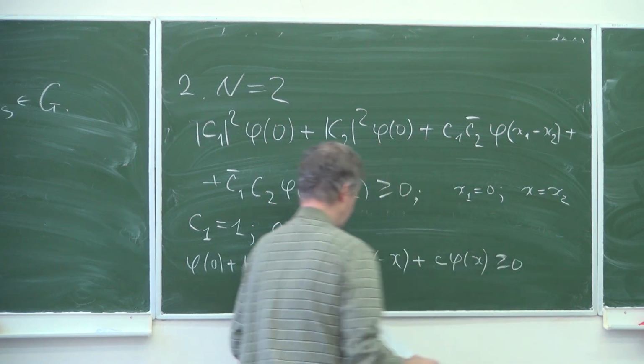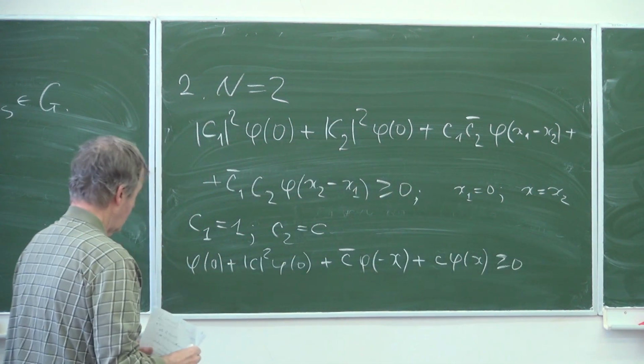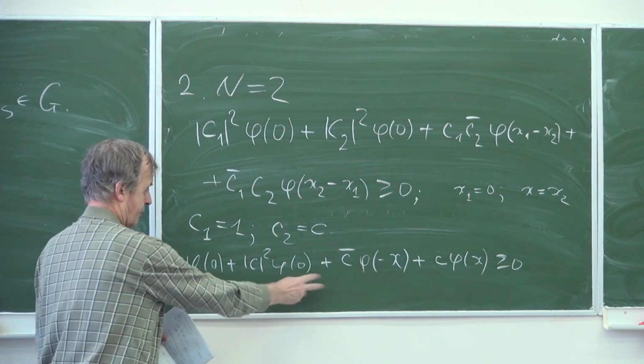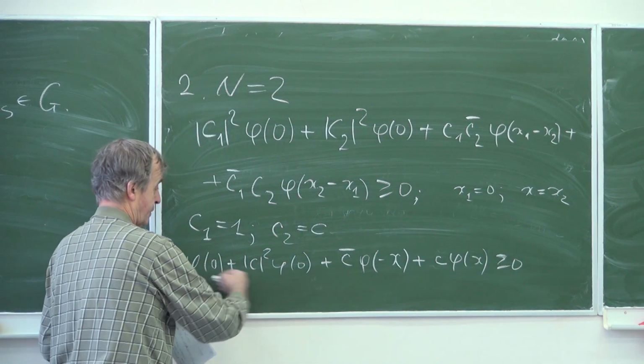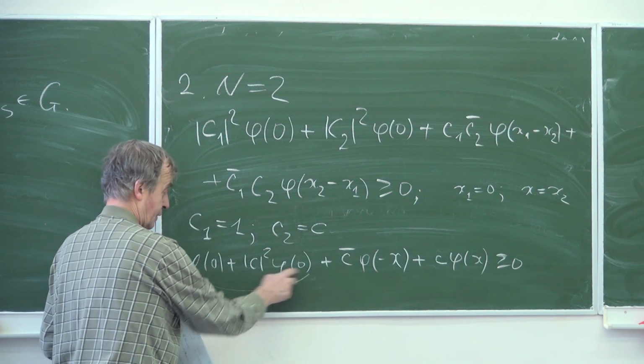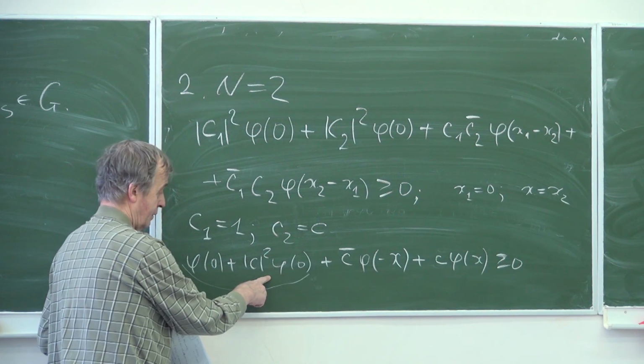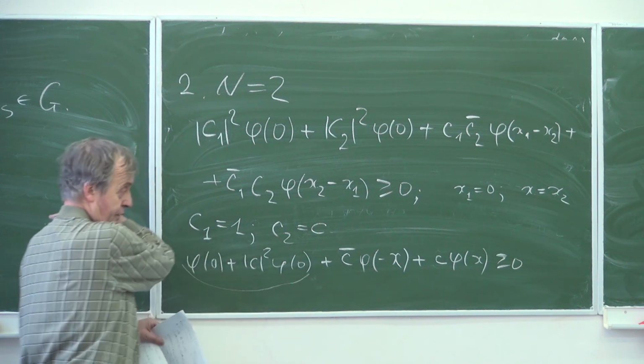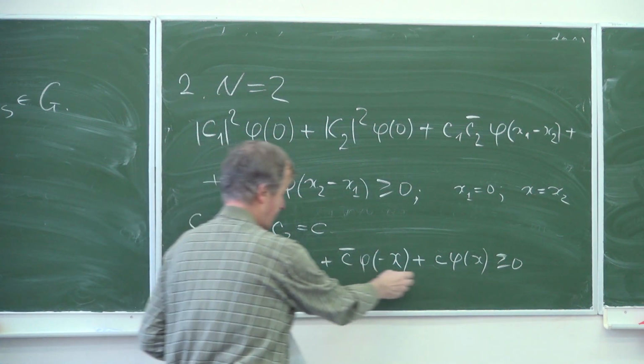At this point, we only need to know that this thing is real. Because about this thing we know that it is real, because phi of 0 is non-negative, so this one is real.